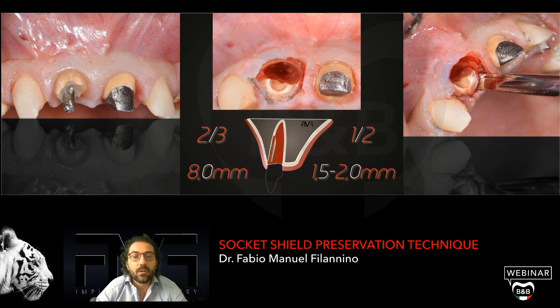So it is either one half or one quarter. Or we can also consider that the shield has to be at least 1.5 to 2 millimeters. So these are many ways to consider the problem of the width of the shield.